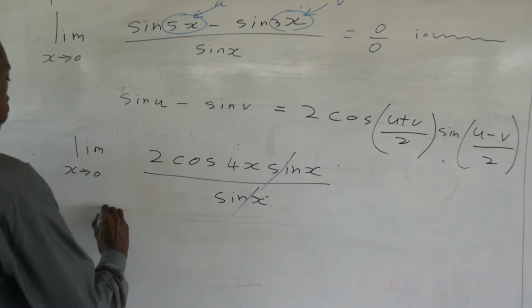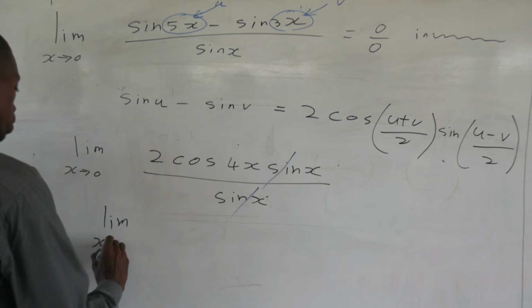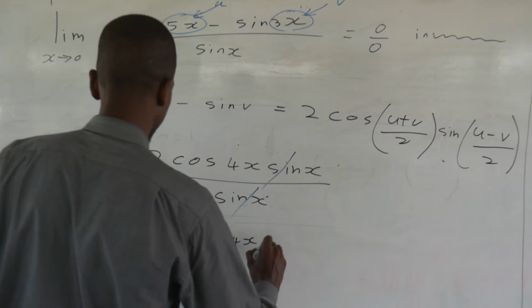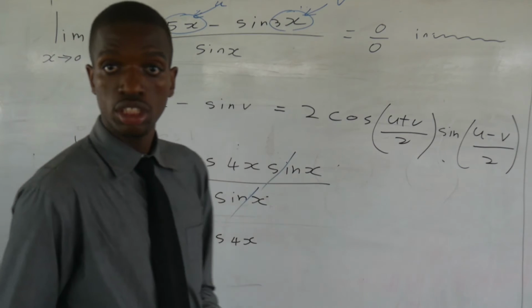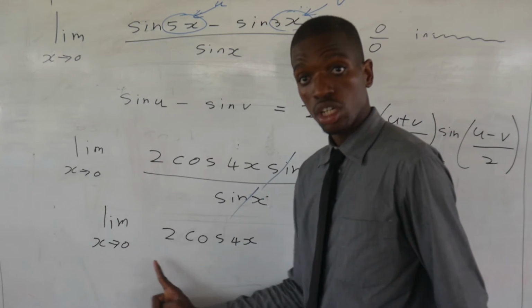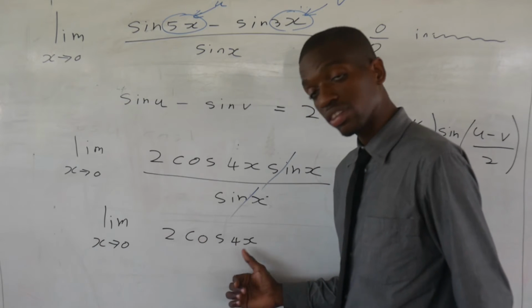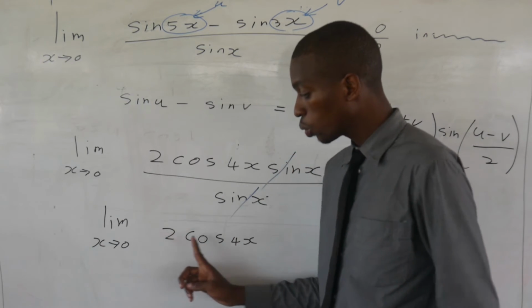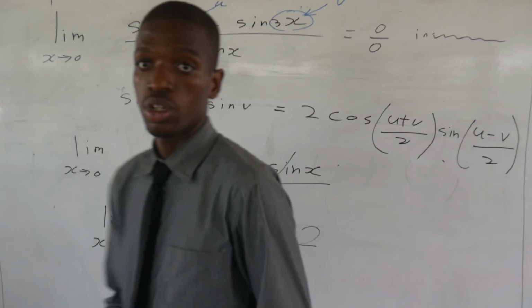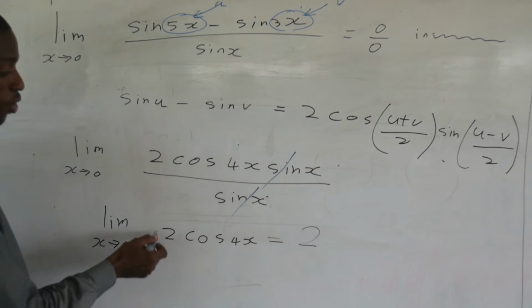So this is equal to 2 cosine 4x. Now the limit as x goes to 0 of 2 cos 4x, you put 0 in there, you get cos of 0, which is 1. 2 times 1 is just equal to 2. And that is it for here.